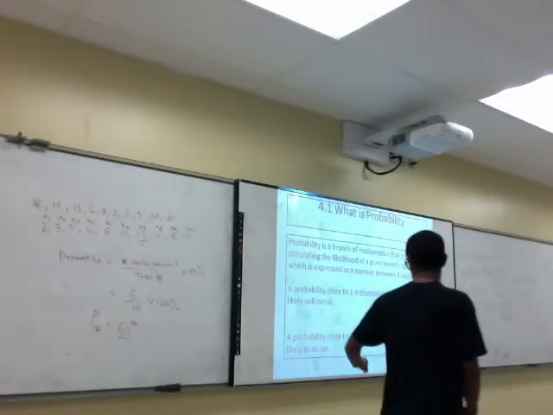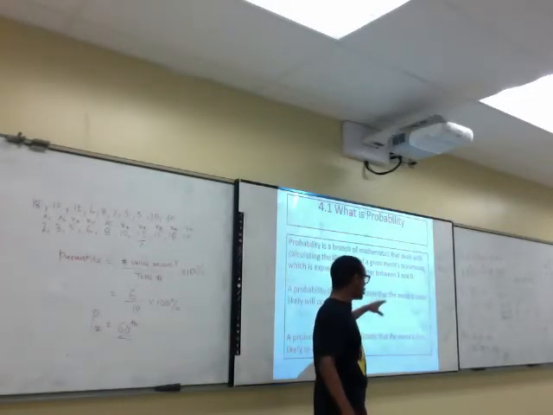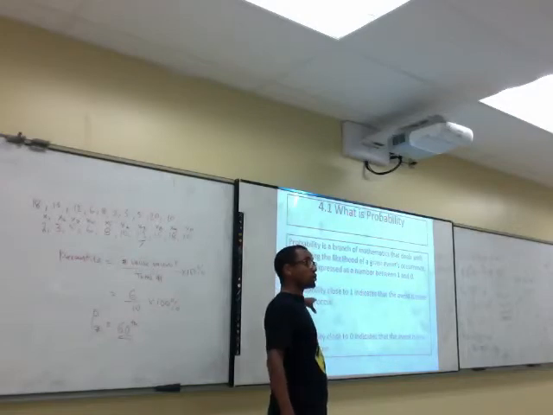Now, a probability close to 1 means you know for sure that the event will occur. So the more you approach 1, the more sure you are that the event will occur.